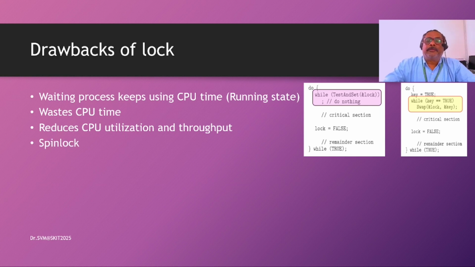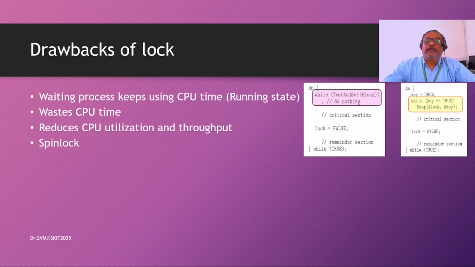And this waiting and spinning around the lock is what we call a spin lock. Here a process is spinning around the lock and waiting for that lock to open. Every now and then it just keeps watching whether the lock is open or not, open or not.